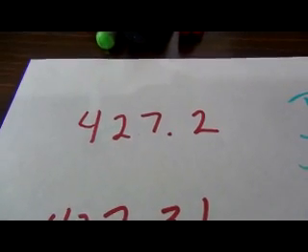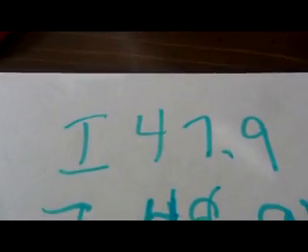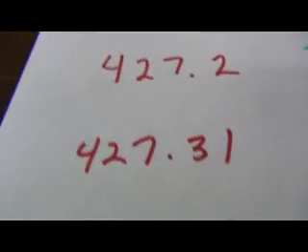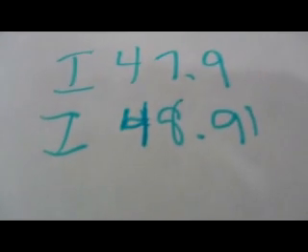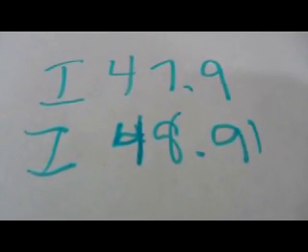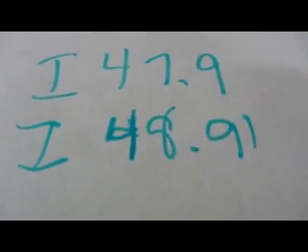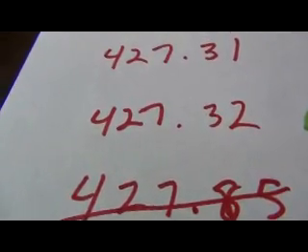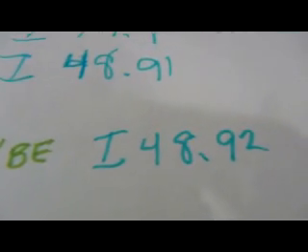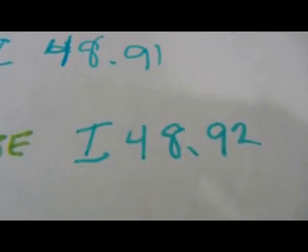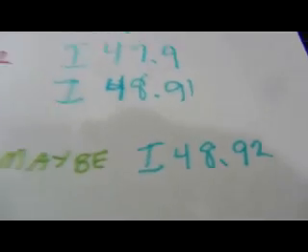427.2, paroxysmal tachycardia, stated as paroxysmal, ICD-10 is I47.9. 427.31 AFib is an I48, that's about 8.91. And then 427.32 atrial flutter maybe converts to I48.92, said approximate.